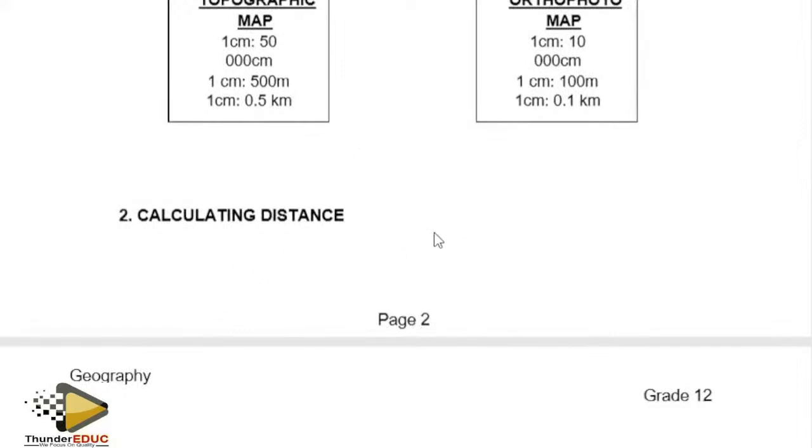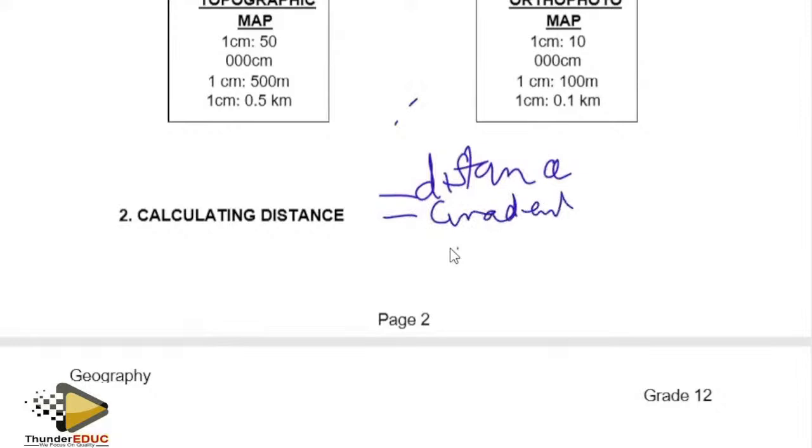For example, under calculations, we cover number 1, distance, gradient, area, vertical exaggeration.